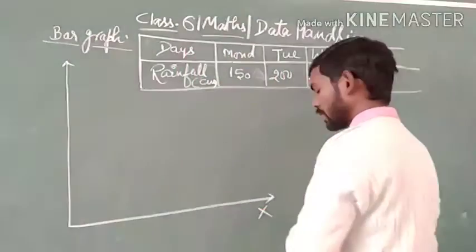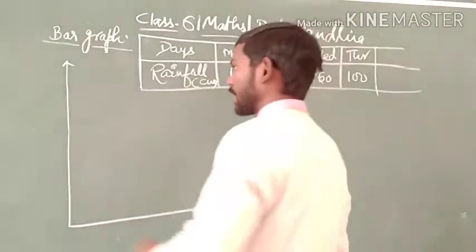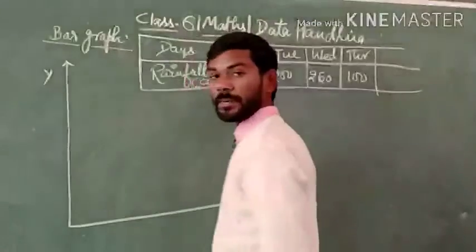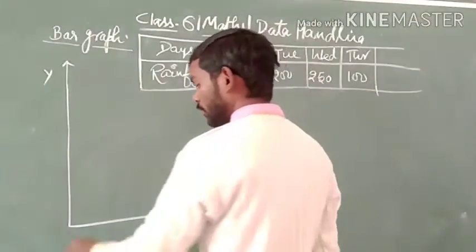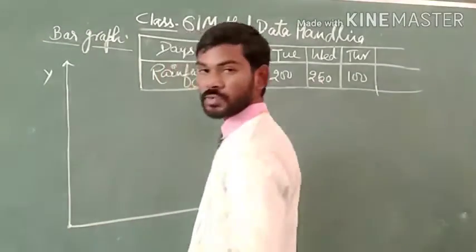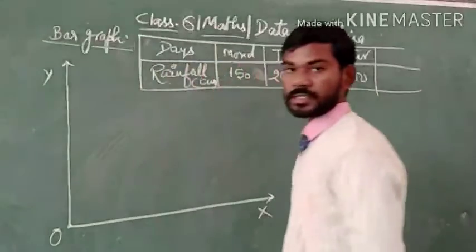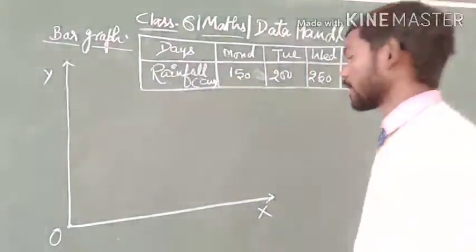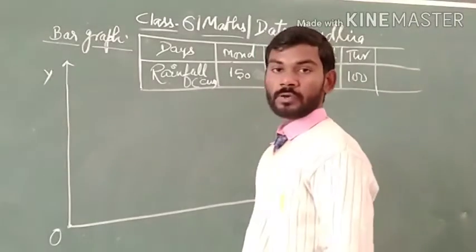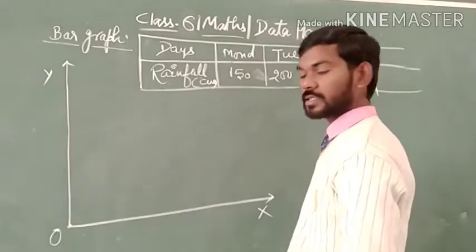Okay, the horizontal line is represented by x and the vertical line is represented by y, and the point where the tails of these two lines meet is called origin and it is represented by O. Now here on the horizontal line we shall represent days.